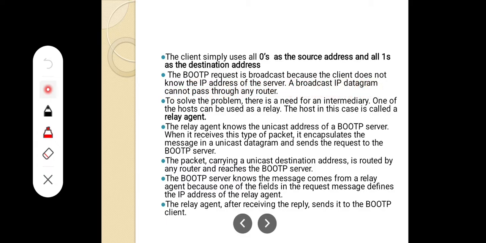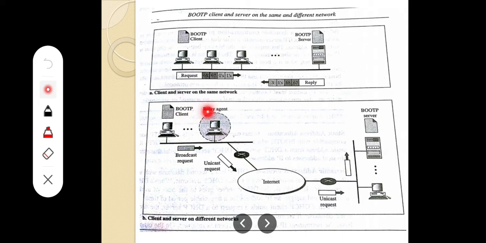The broadcast IP datagram cannot pass through any router. This broadcast message cannot reach the router. Clear?